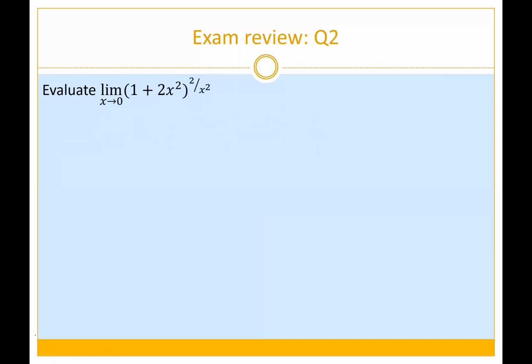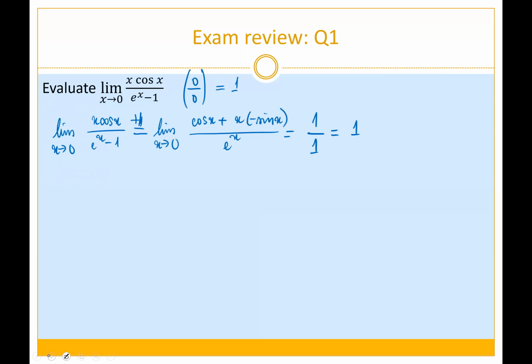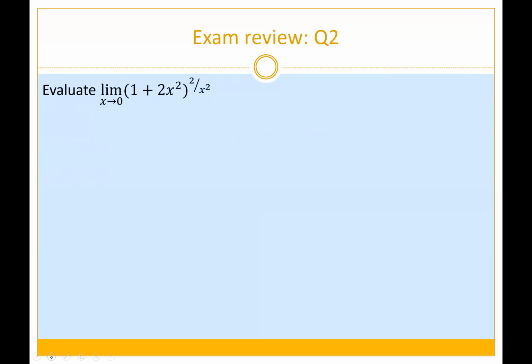Evaluate the limit as x approaching 0 of (1 plus 2x squared) to the power of 2 over x squared. So you have this one. When you plug in x approaching 0, you're going to have 1 to the infinity.